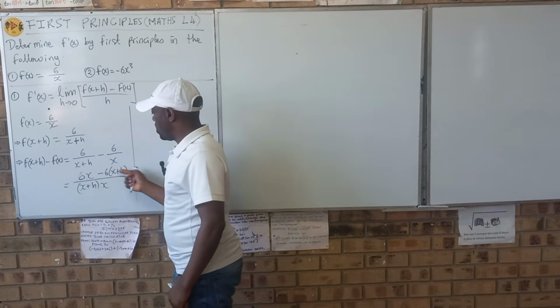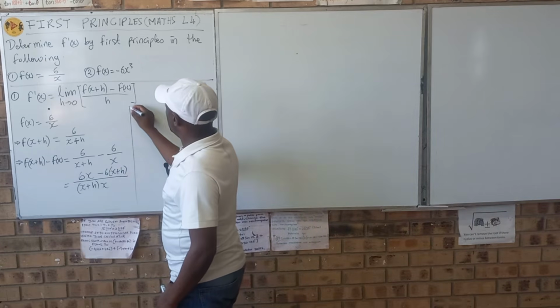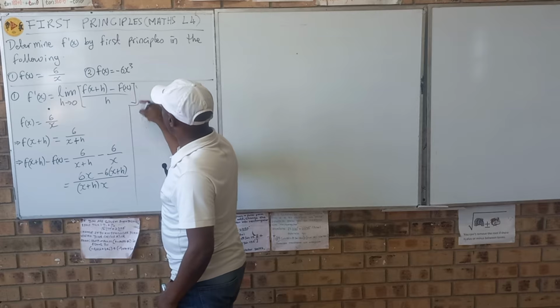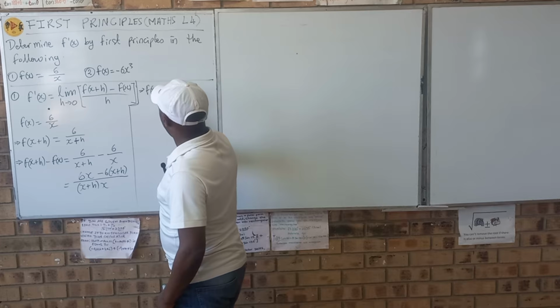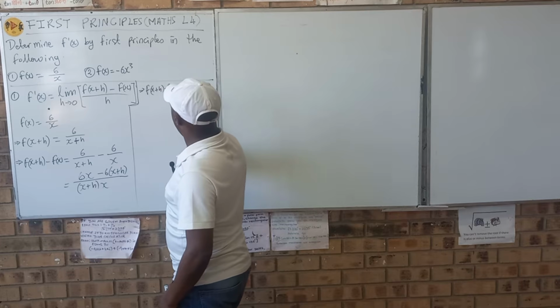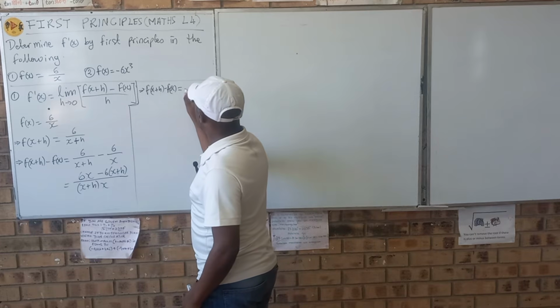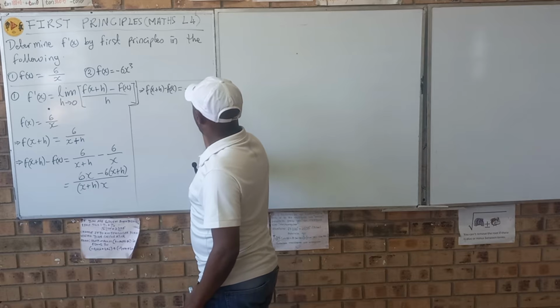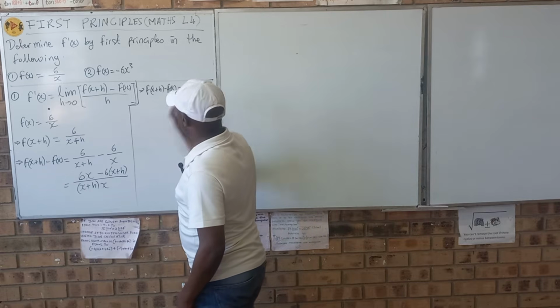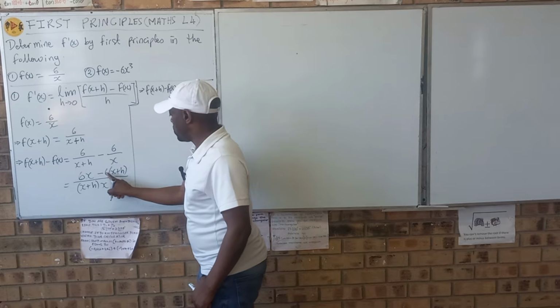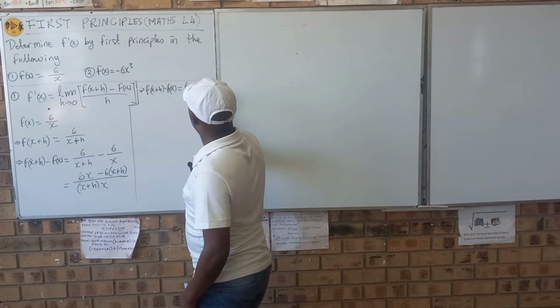So I will then move on and simplify the numerator. So if I move on to simplify the numerator, I will say my f of x plus h minus f of x is equal to, at the numerator, I will be having my 6x minus, you see this negative has to get in there, minus another 6x minus 6h.